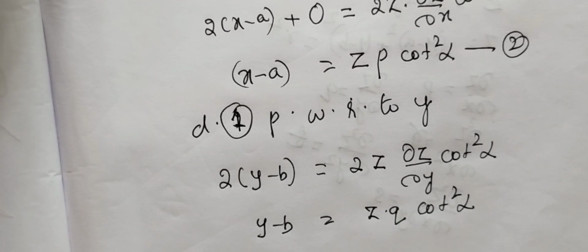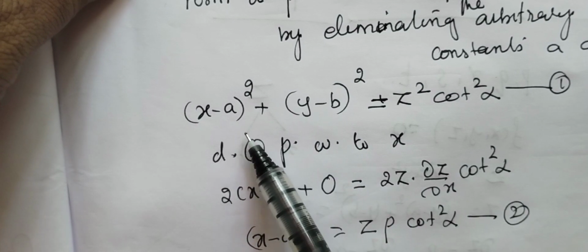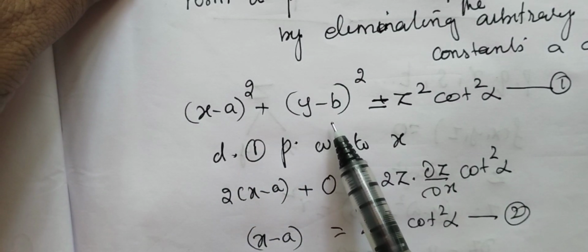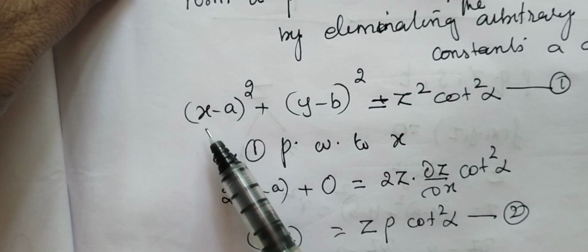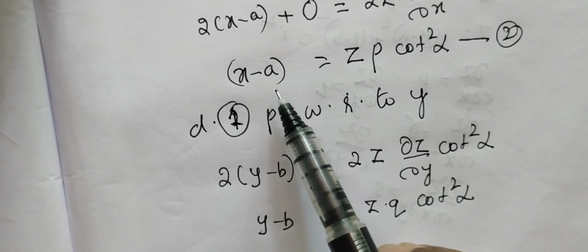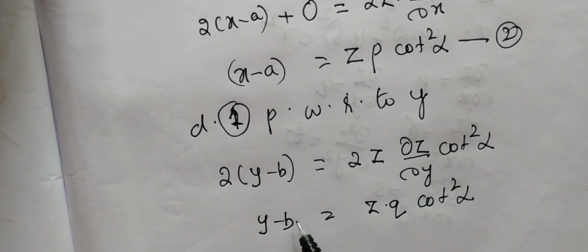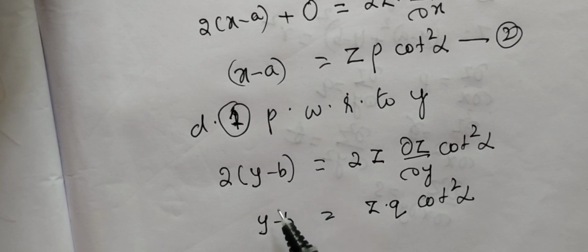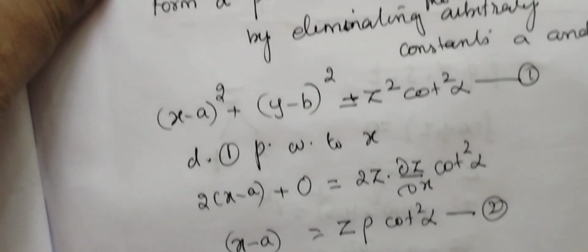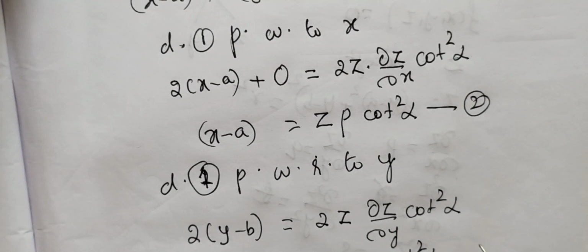So if the equation contains a bracket, you try to find the bracket inside value. So here x minus a is the inside value, and here y minus b is the inside value, then we can substitute this x minus a and y minus b in the given equation. So take this as equation number 3.